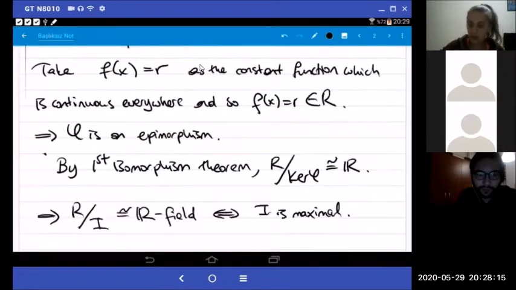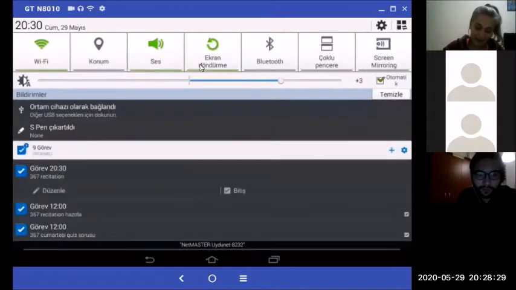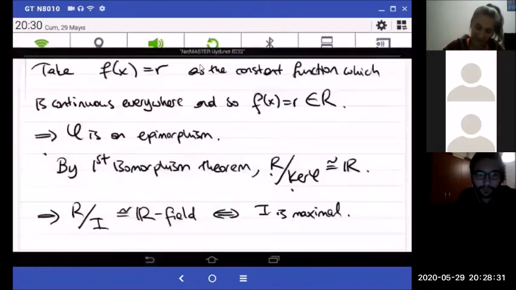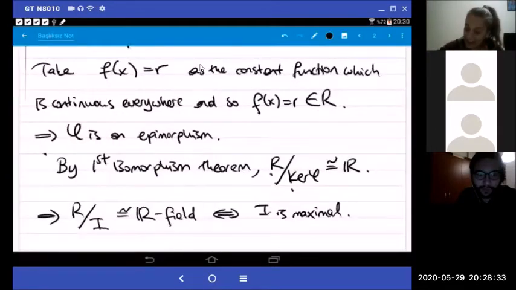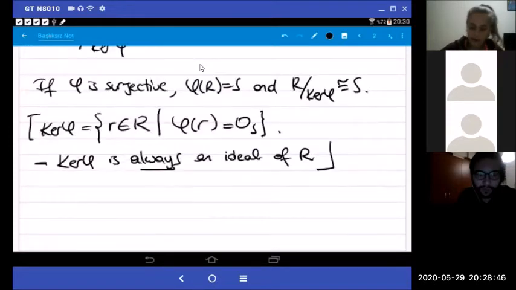So the first isomorphism theorem gives you that taking the quotient of R with the kernel gives us the range ring. Since the range ring is R here, this quotient has to be isomorphic to R, which is a field. Is it okay, Sayhan? First isomorphism theorem.